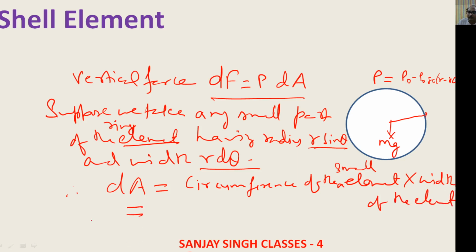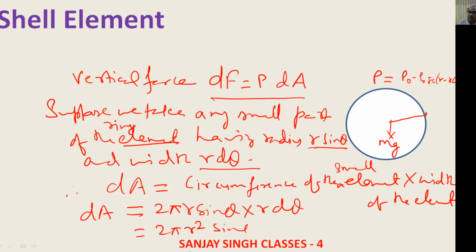Circumference is 2 pi r, and here the radius is r sin theta. So 2 pi r sin theta into r d theta, which is the width of the element, and it will become 2 pi r square sin theta d theta. So dA has become 2 pi r square sin theta d theta.